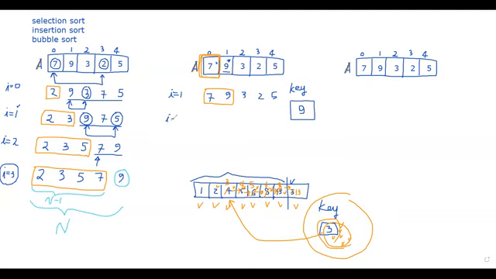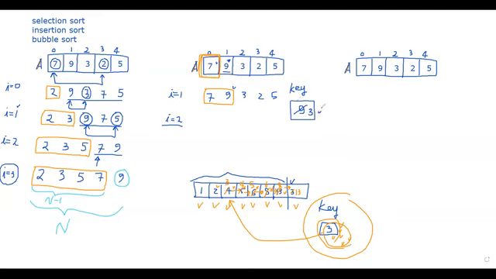i = 2. This time key is 3, the value at this location. So key has 3. Compare 9 and 3.